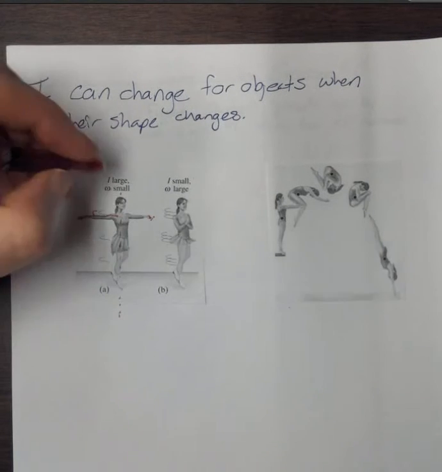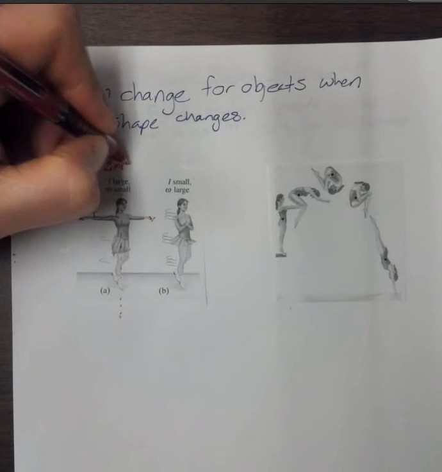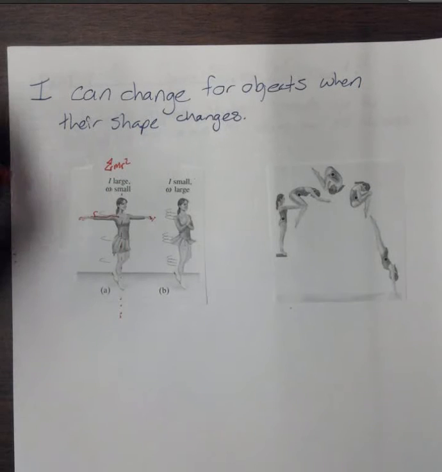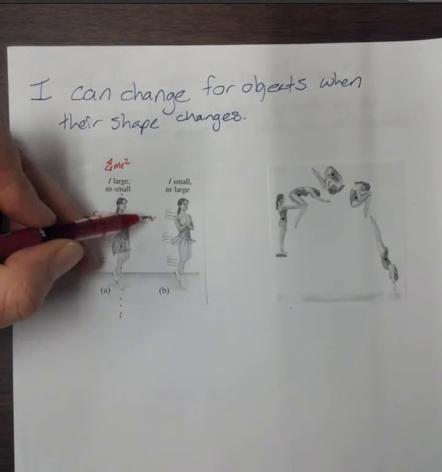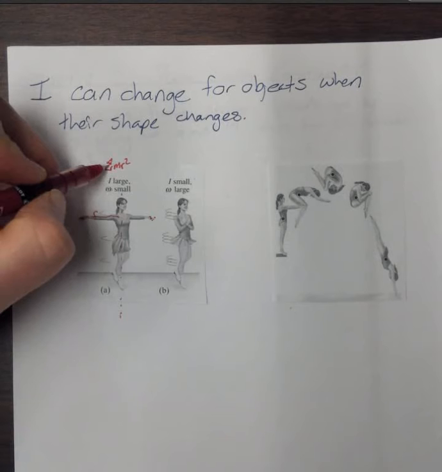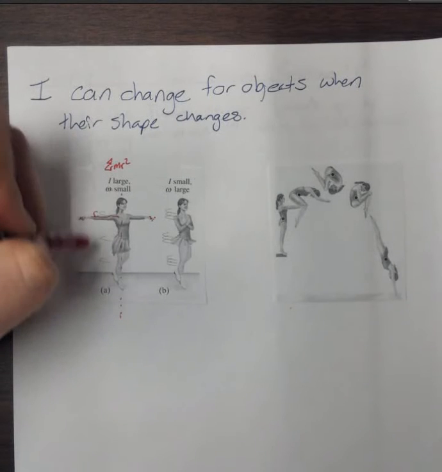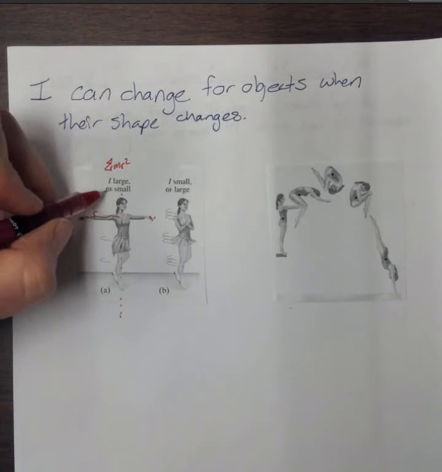So that means that when we calculate her moment of inertia with her arms outstretched, her moment of inertia is going to be large because more of her mass is further away from her axis of rotation. So initially, if she has a large moment of inertia, she may have a small rotational velocity.